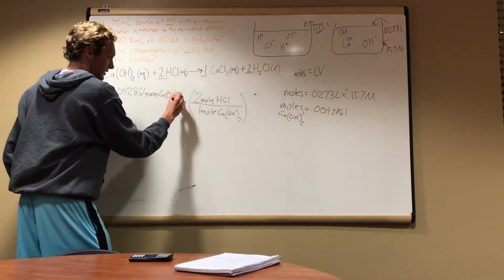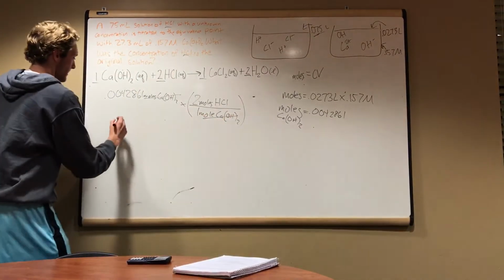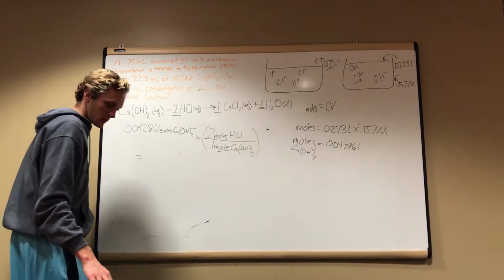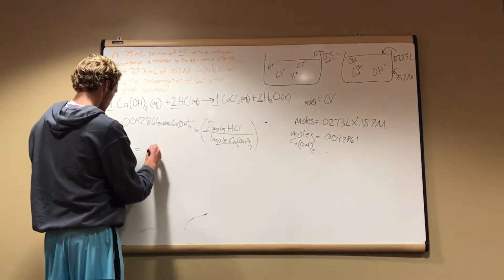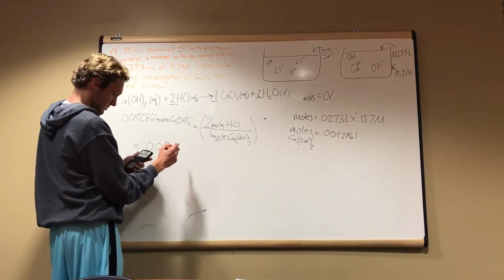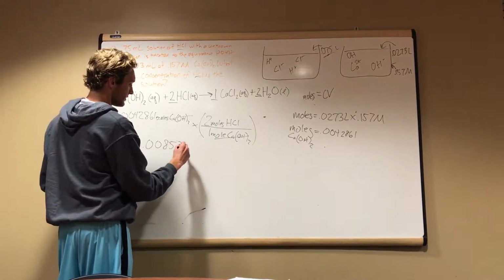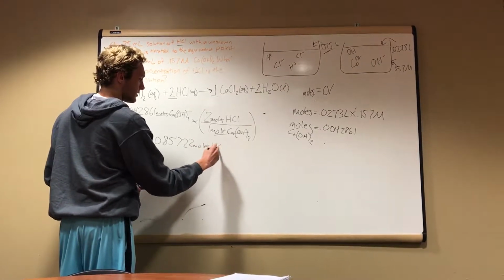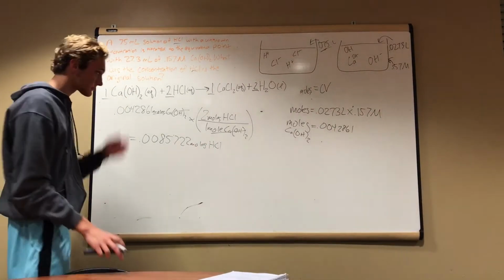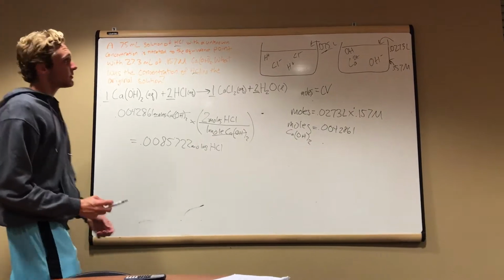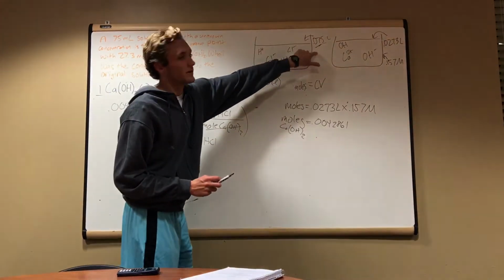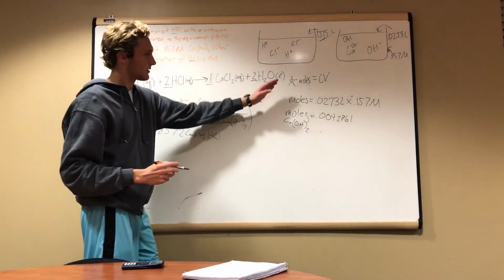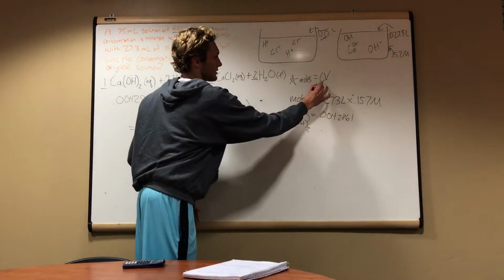And our units indeed cancel, which gives us an answer of 0.00085722 moles of HCl. So now we have moles of HCl and we have volume of HCl. We can use this very important equation in order to find our concentration. Right here is what we're looking for.